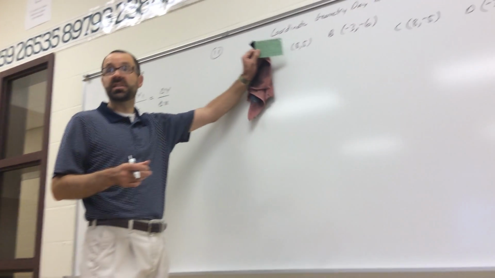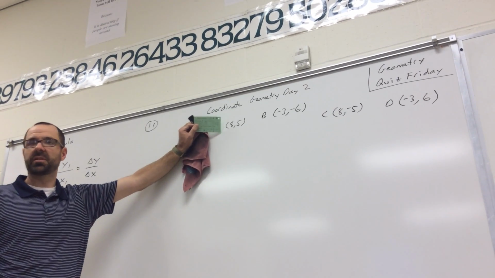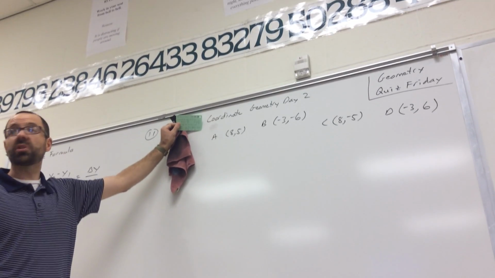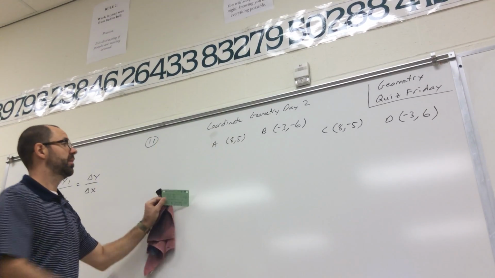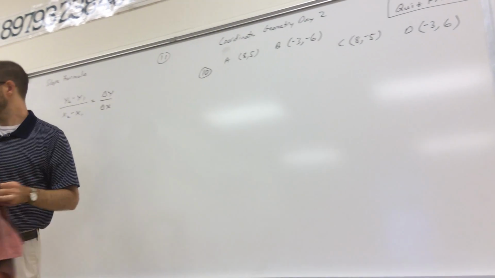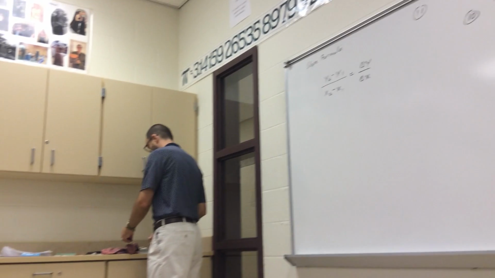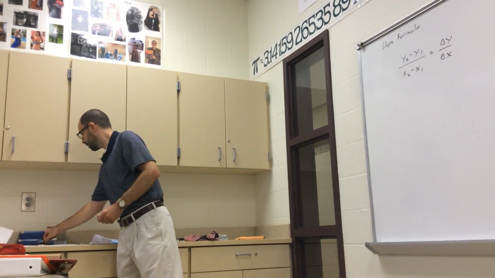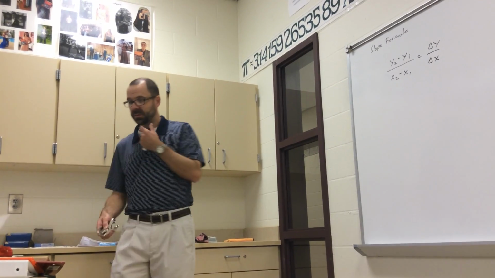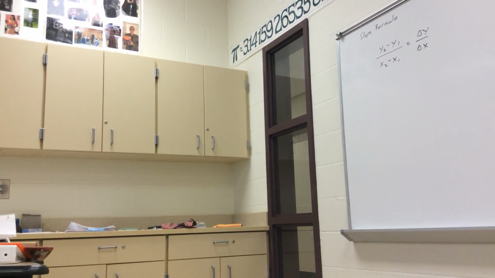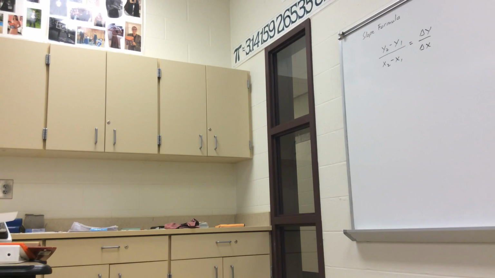Okay, now today's paper, I'll pass out the whole bunch in a minute, get out a sheet of paper. Today's paper is called Coordinate Geometry Day 2, and we are starting with number 10. You don't have to write these points down because it's part of the question.